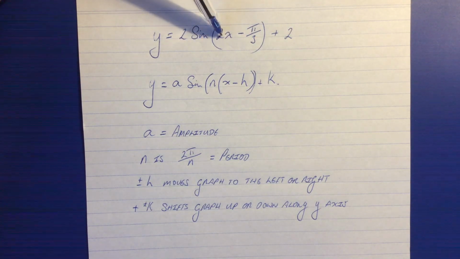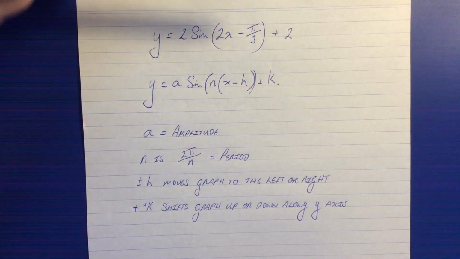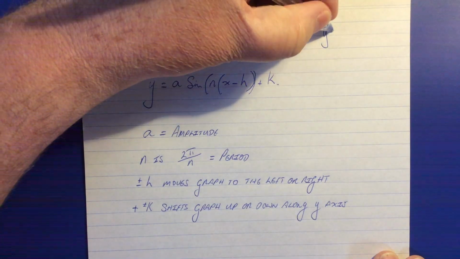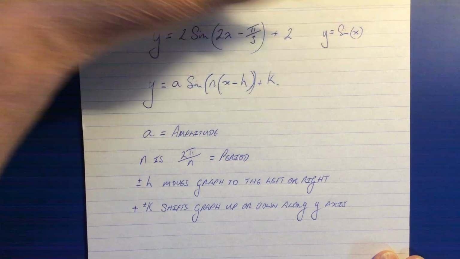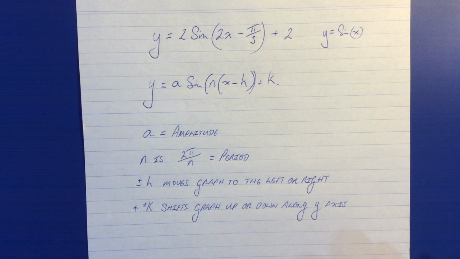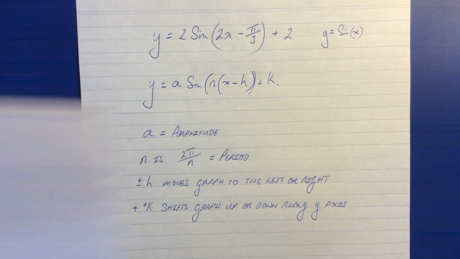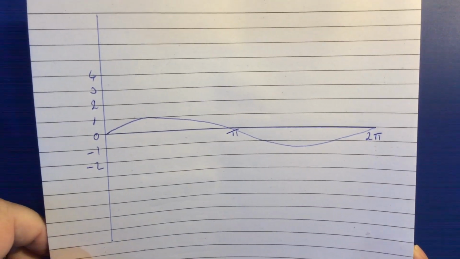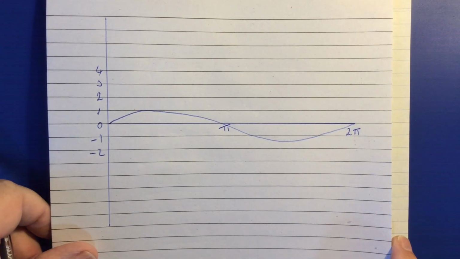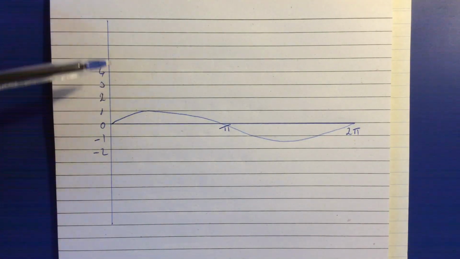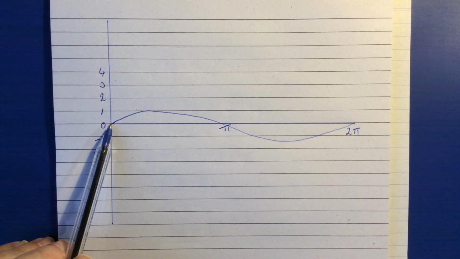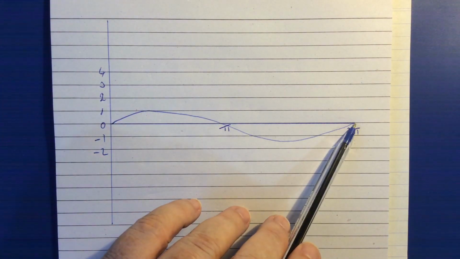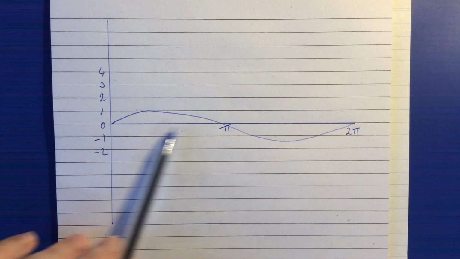Now, each one of these things does something different. Our original function, just to remind people, would have been y equals the sine of x, and it would look very roughly like this. And when I say rough, that's a comment on my drawing ability. It would go through its cycle in the space of 2 pi, that is its period.